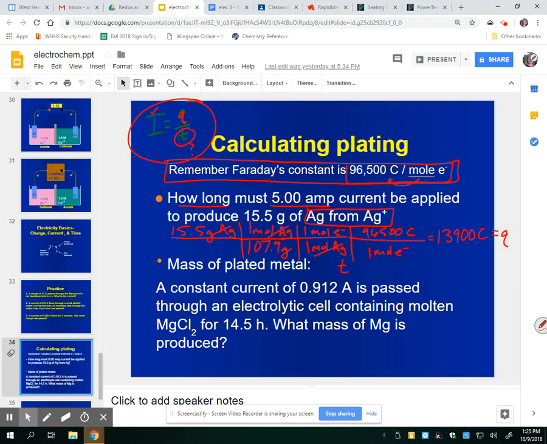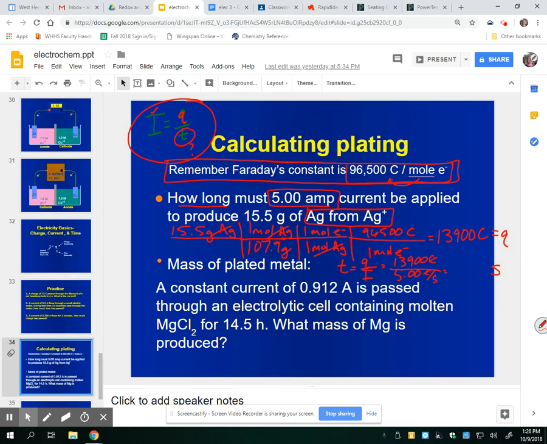So T is equal to Q divided by I. My coulombs is 13,900. And my I, they gave me in the original problem, is 5 coulombs per second. So coulombs cancel out.